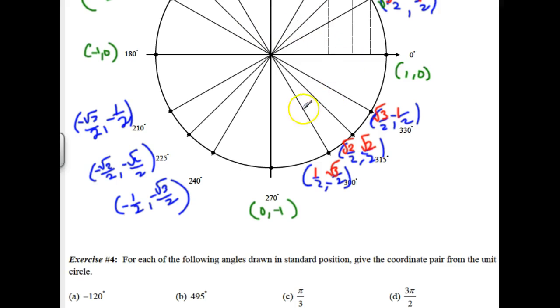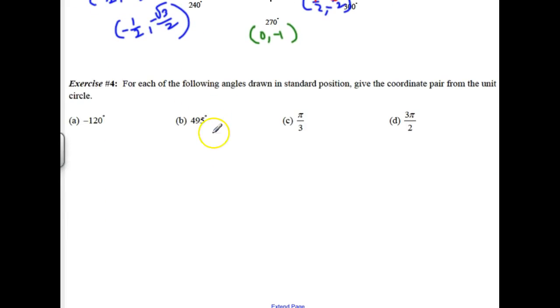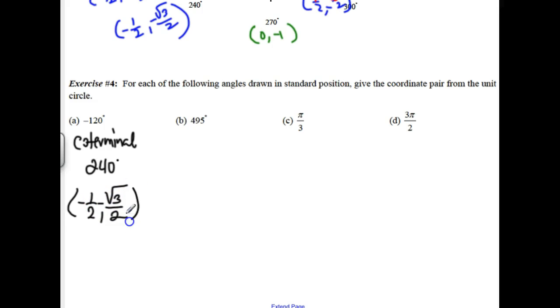So it's going to come down all the way here. Negative, this is 90, 120. So I'm going to end up somewhere here. This is what's called a coterminal. So the coterminal here is actually 240 degrees. And if I look at my unit circle, it's actually negative 1/2, negative radical 3 over 2.